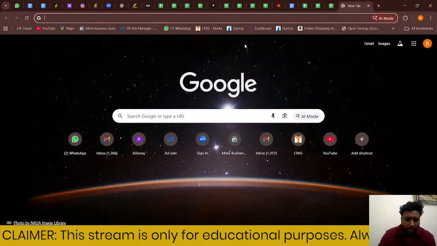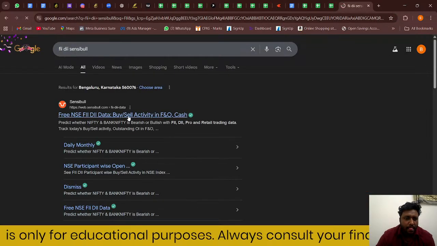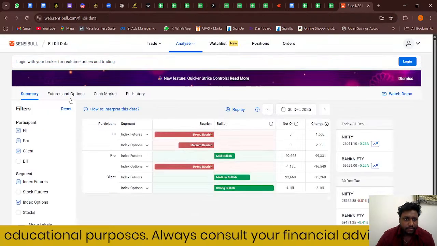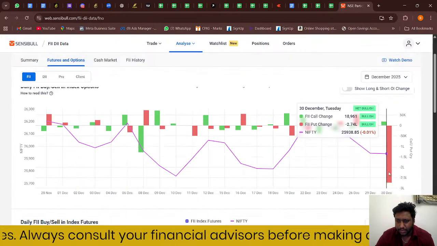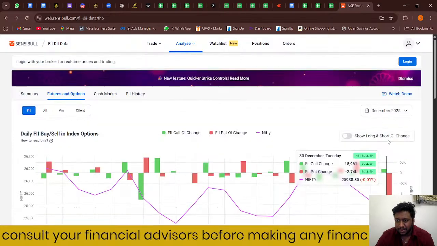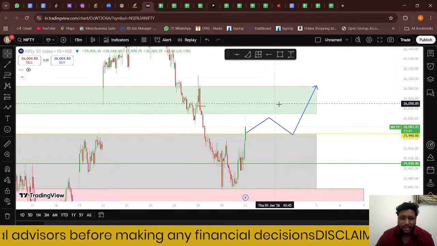With respect to the FII's F&O data, it was net bullish, so I expect a good positive continuation today as well.